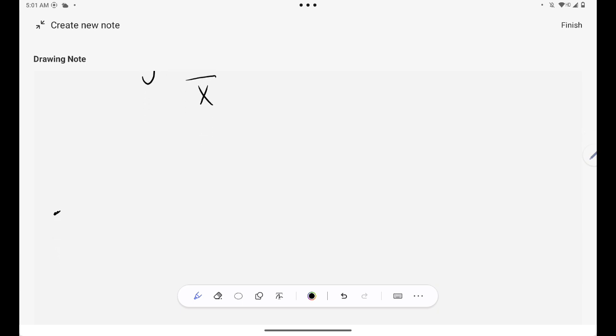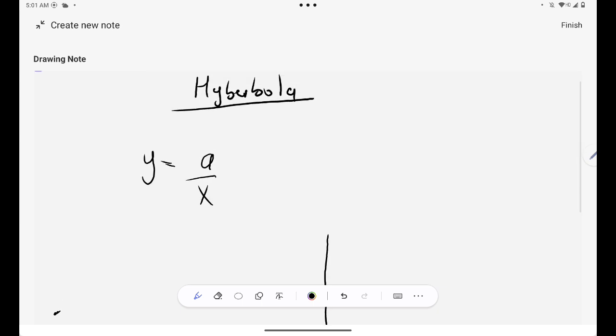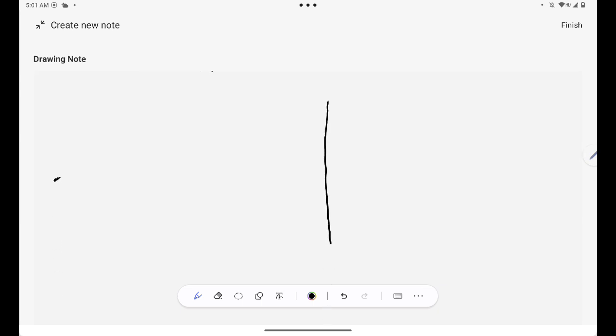All together. Okay. For this graph, y is equal to a over x, you'll have two sets of different graphs. All together. If a is a positive number, you'll have one situation, and a is also a negative number, another situation.